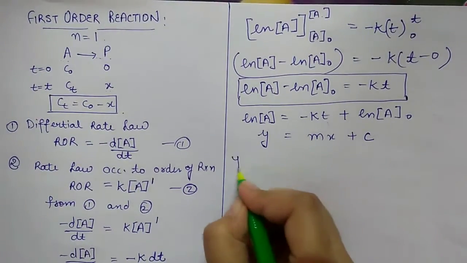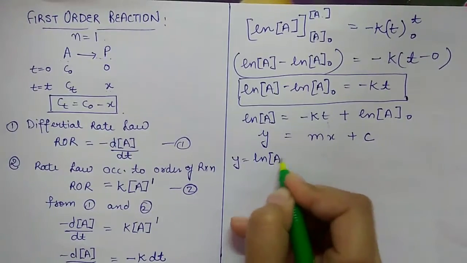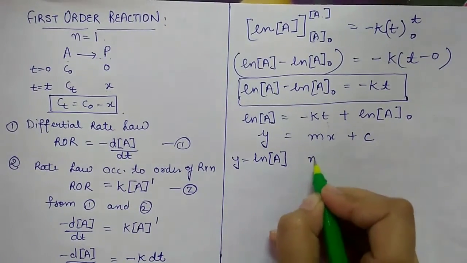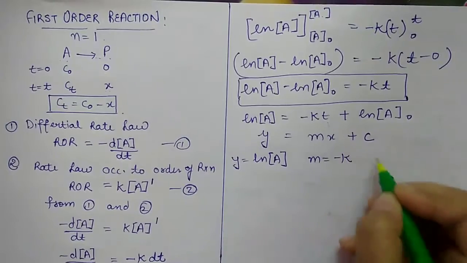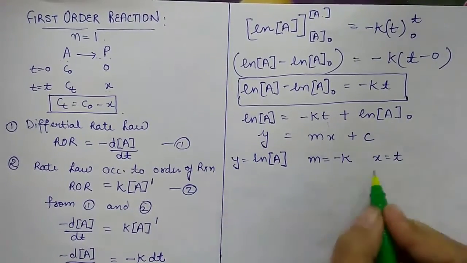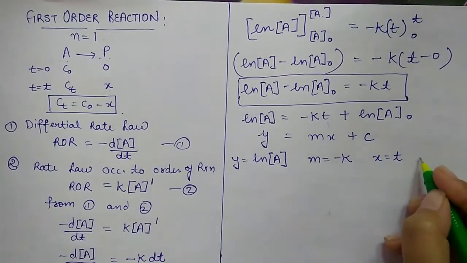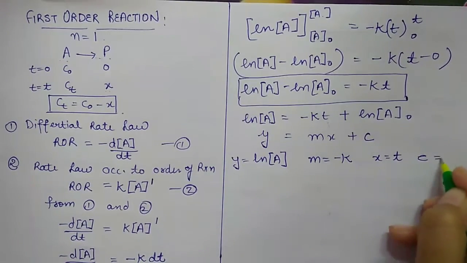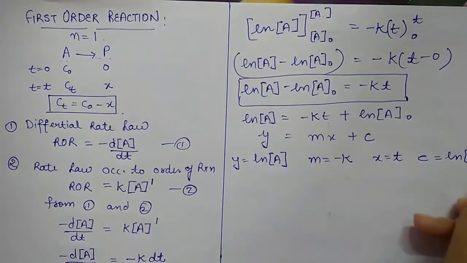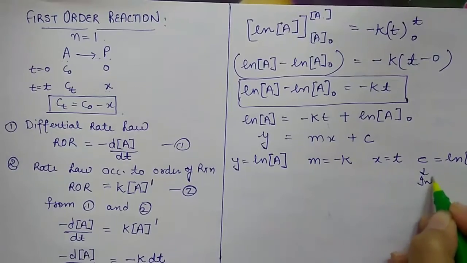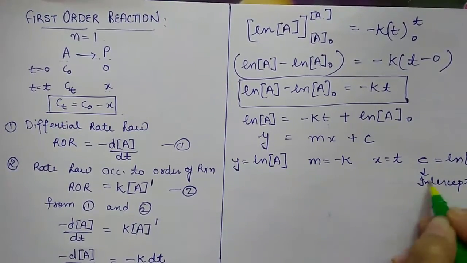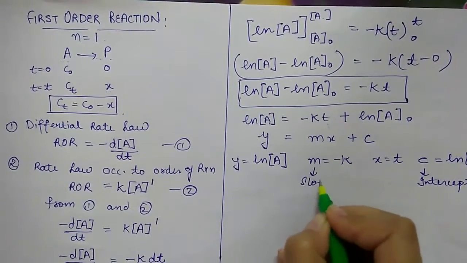Here y is equal to natural log A, m is the slope which is equal to minus k, x is t, and x and y are the coordinates. Plus c is equal to natural log A naught, where c is the intercept and m is the slope.